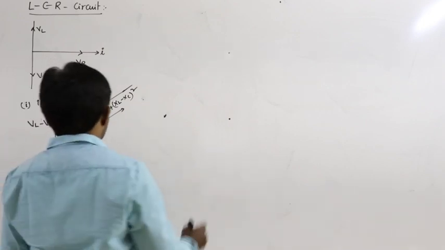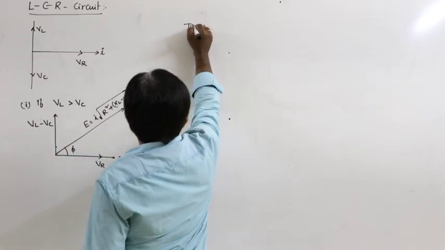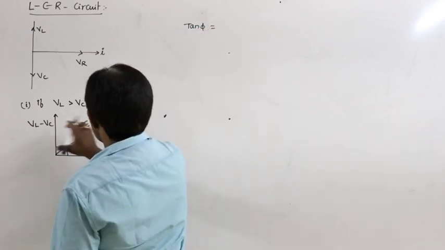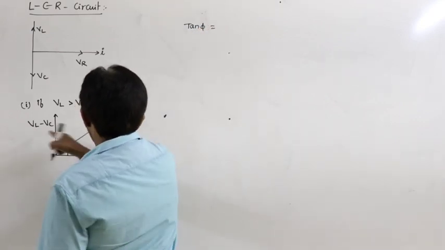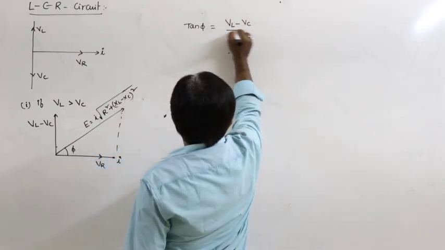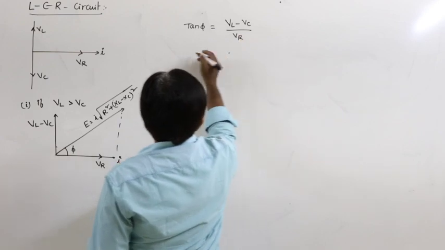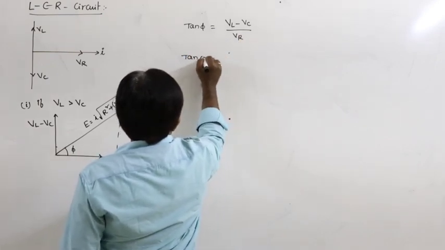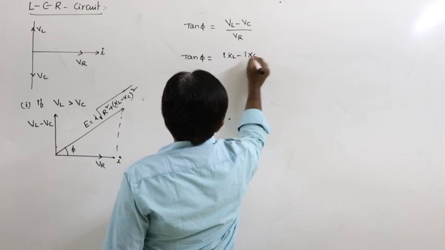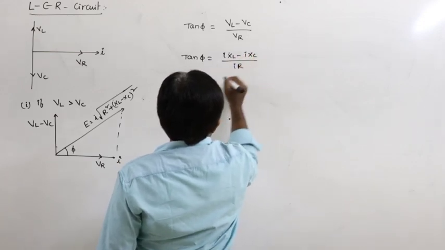So from this tan phi can be written as opposite side by adjacent side. What is opposite side here? VL minus VC, divided by VR. So therefore tan phi is equal to IXL minus IXC divided by IR.